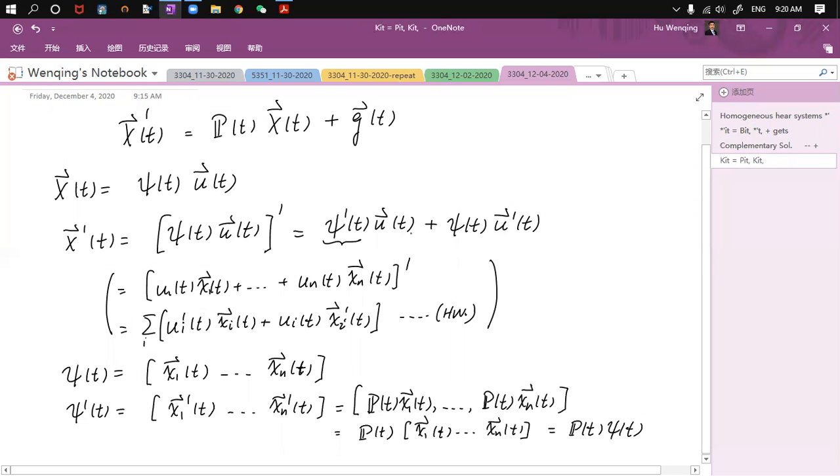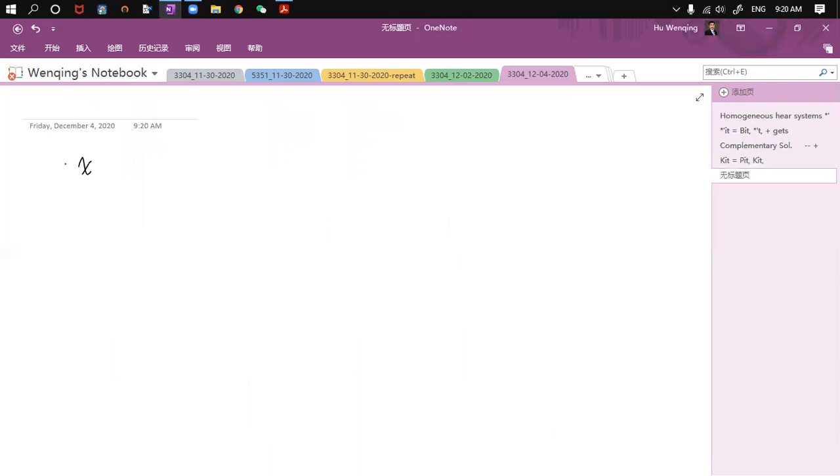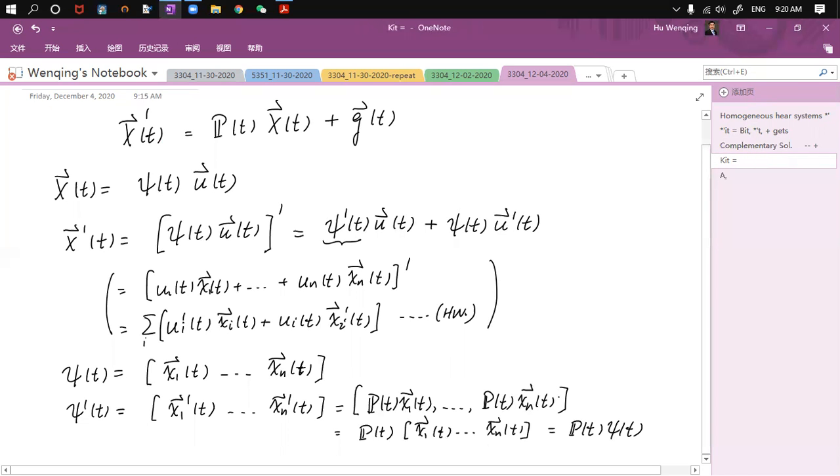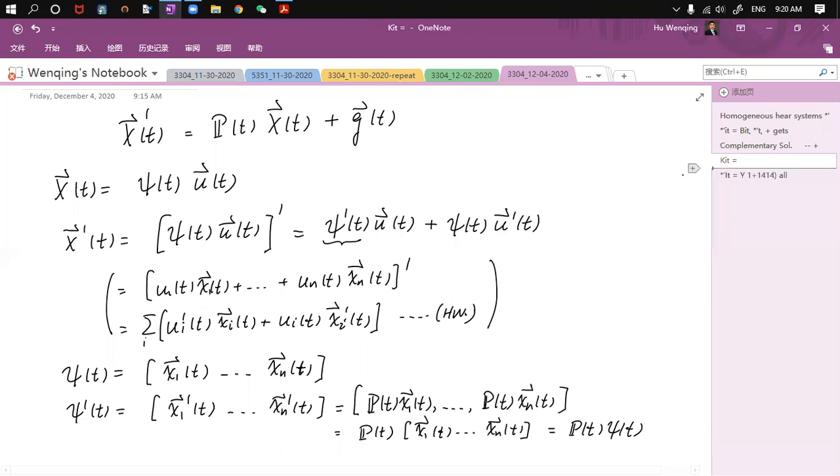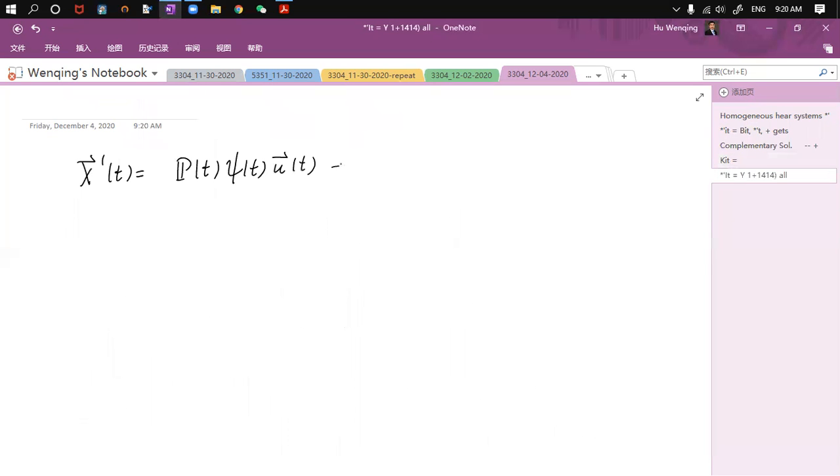So if you work through this equation, what we already have here is saying that x prime of t is equal to, since psi prime is p(t) psi(t), p(t) psi(t) multiplied by u of t plus psi of t multiplied by u prime of t.